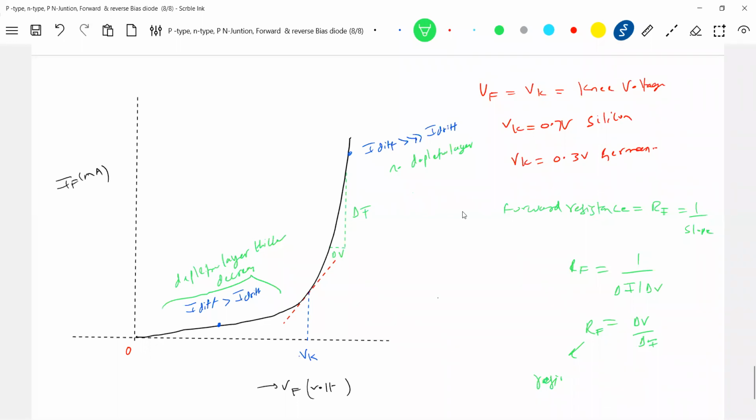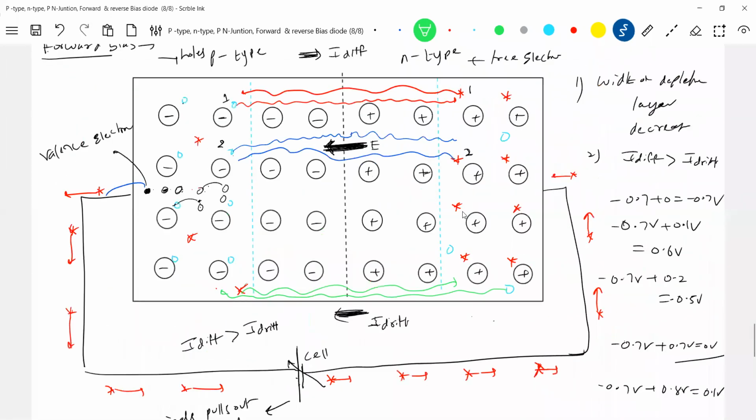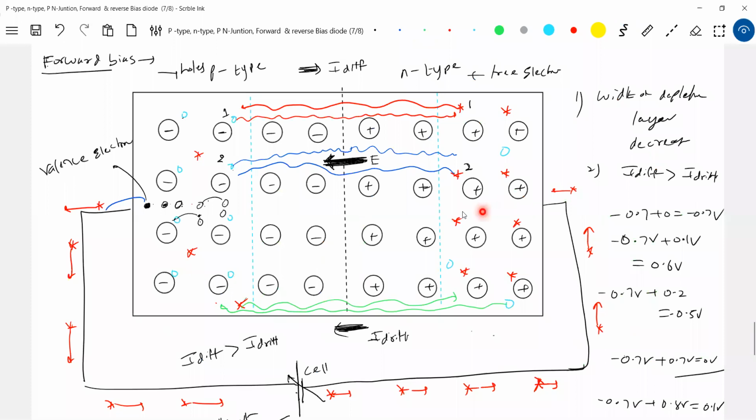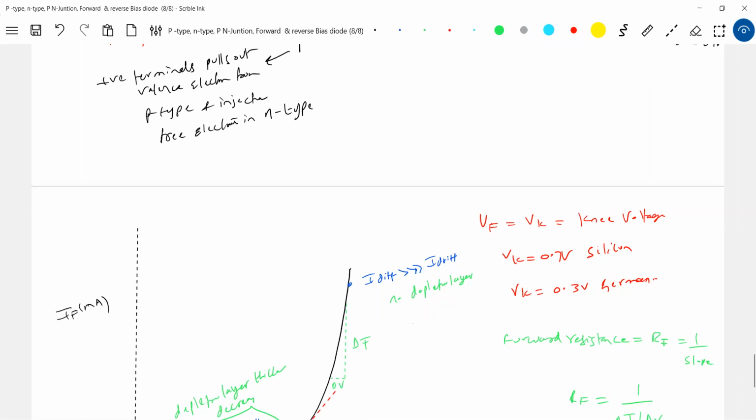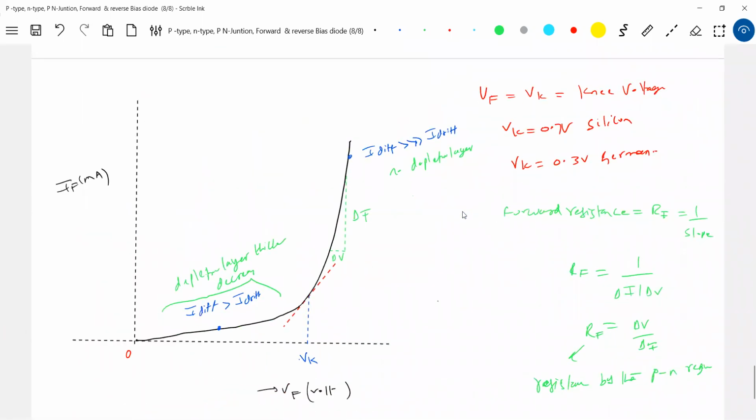Then the resistance is by the P and N regions, because this material will offer resistance. When an electron is moving, it will encounter collisions in this region. So we don't get any further depletion layer. That's called the forward resistance of the diode.